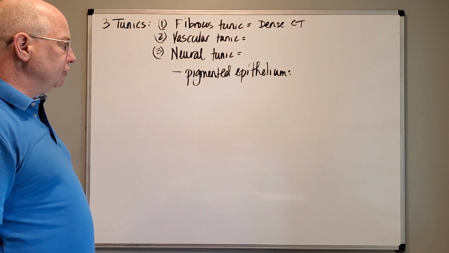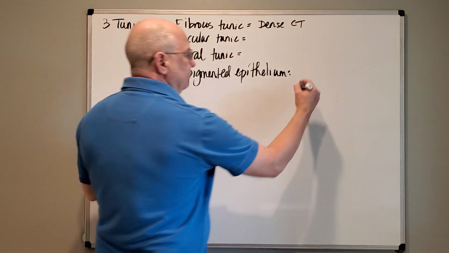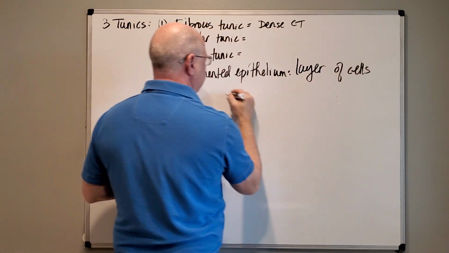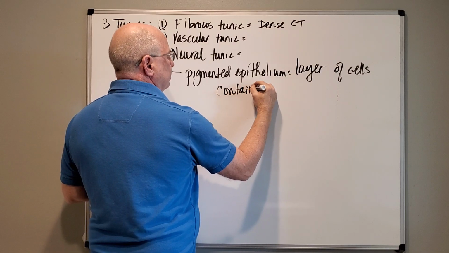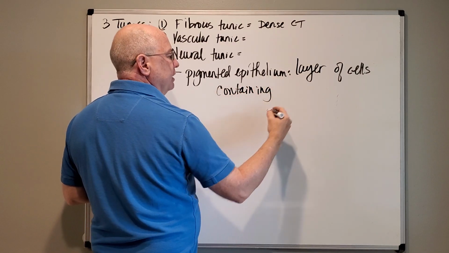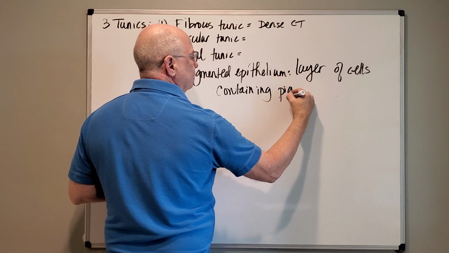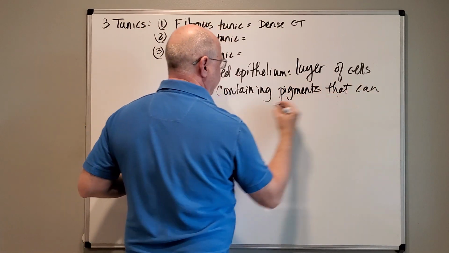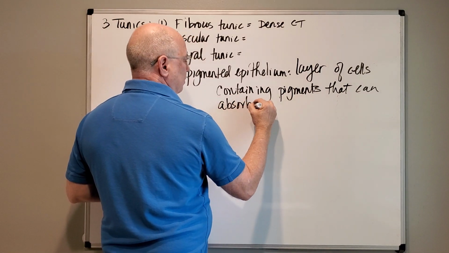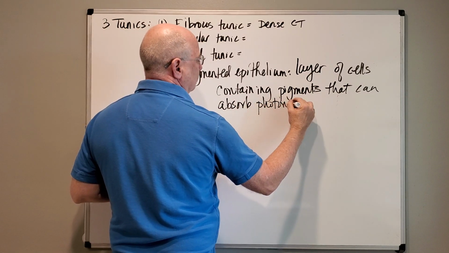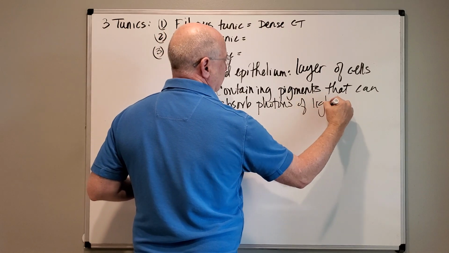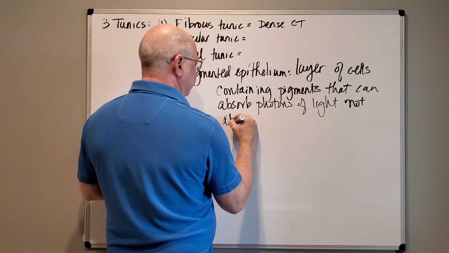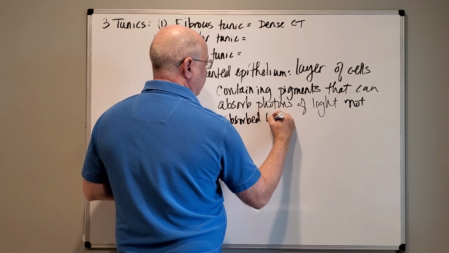Okay, so the pigmented epithelium is a layer of cells in the retina, we should say, containing pigments that can absorb photons of light that are not absorbed by the retina.